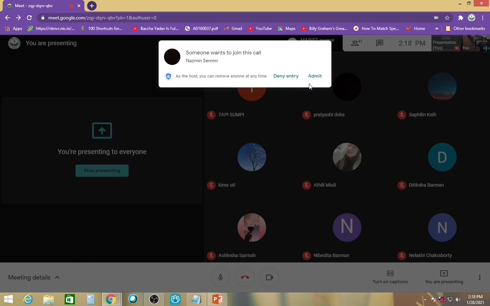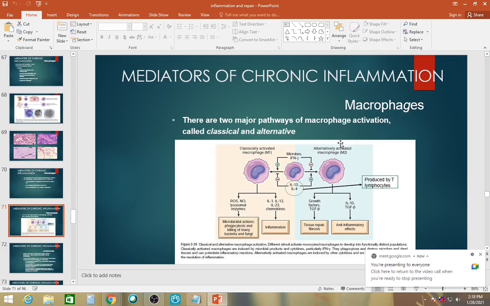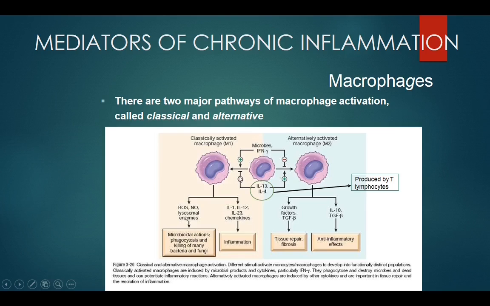So there are two major pathways. It is a classical pathway and the alternate pathway. These two pathways are the ones which are actually responsible for activation of the macrophages, from monocytes. If it is interferon gamma, it will lead to classically activated macrophage.